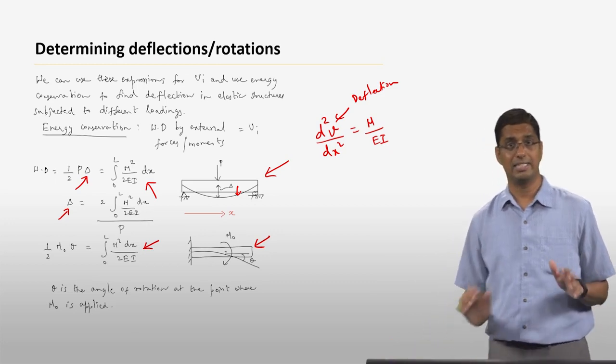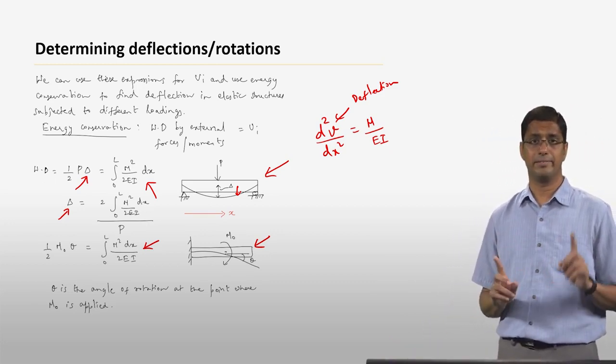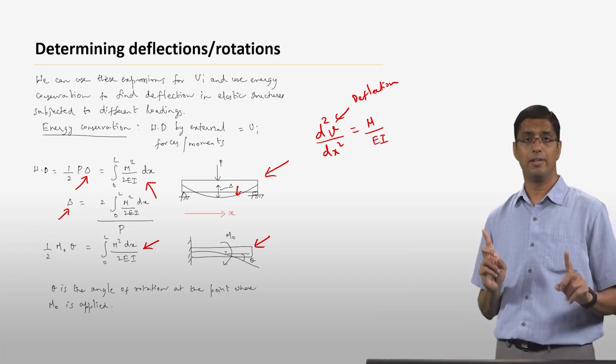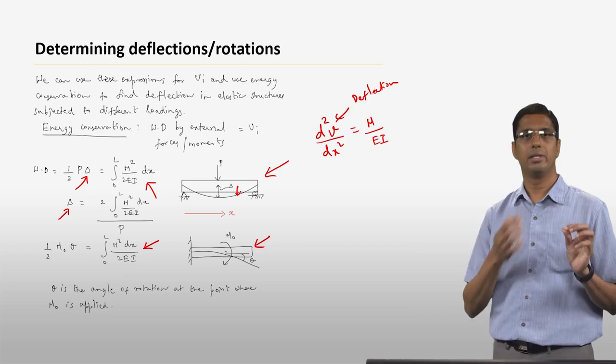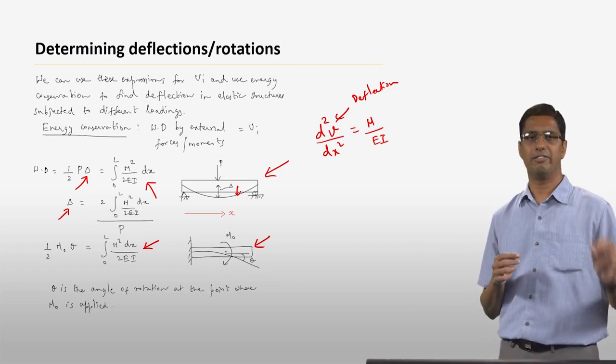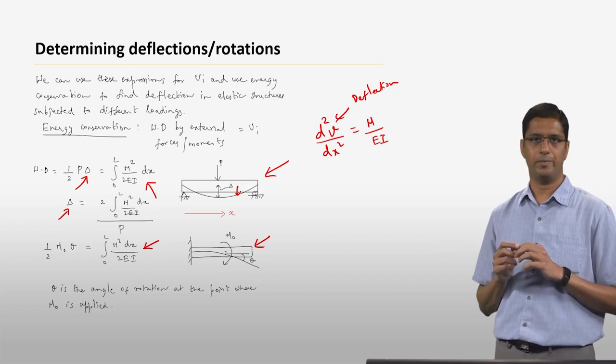So this method is actually very helpful, but it's limited. It's limited to cases where there's only a single force or a moment or a torque acting, and you can use this method to find the deflection or rotation or angle of twist at that particular point. Okay?